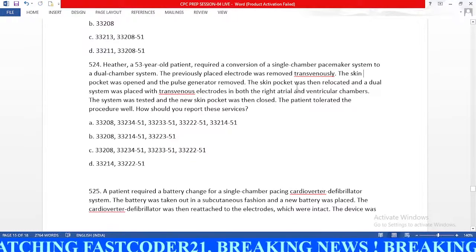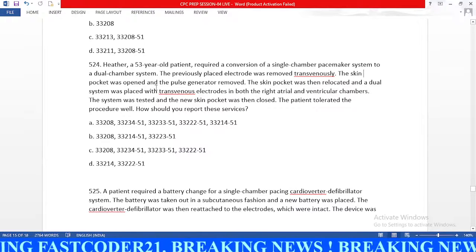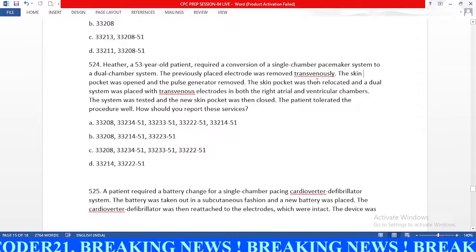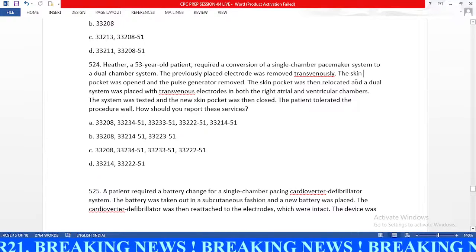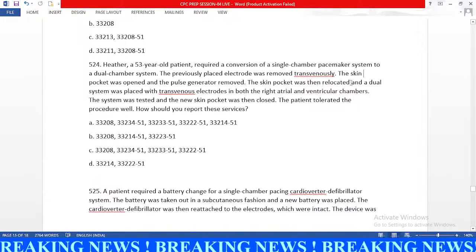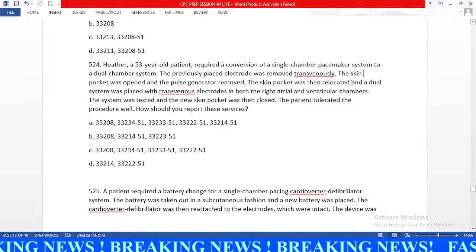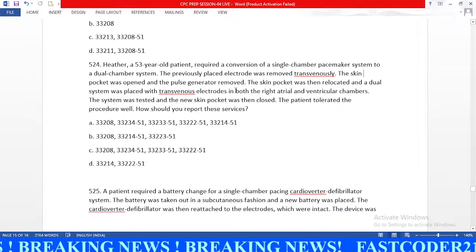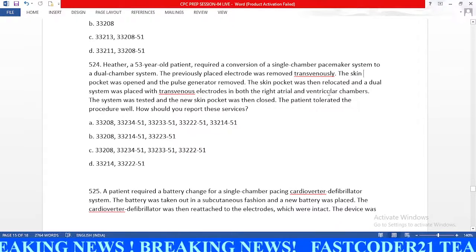So what is the next keyword? Here we need to check the skin pocket. The skin pocket was then relocated, which means the physician has relocated it from the initial location to some other location. A dual system placed with electrodes in both the right atrium and ventricular chambers.